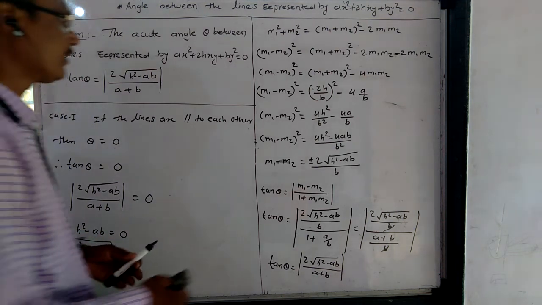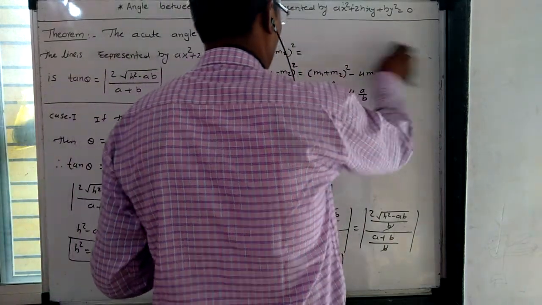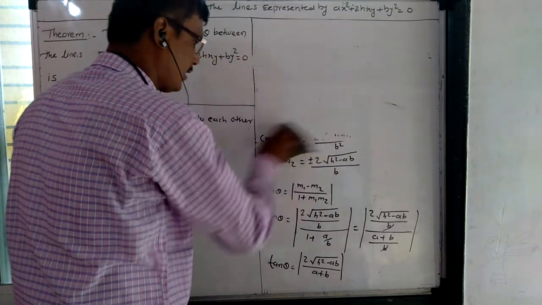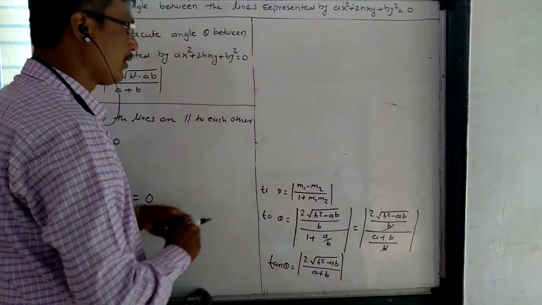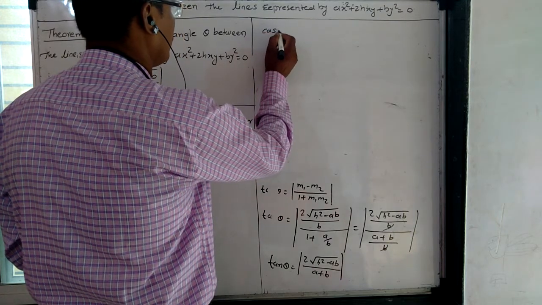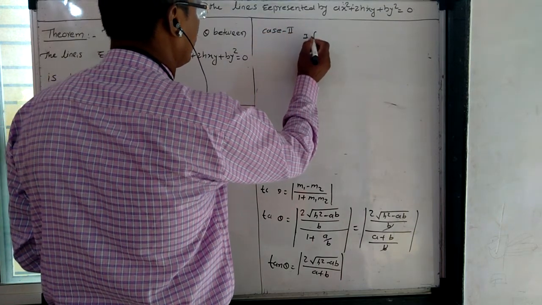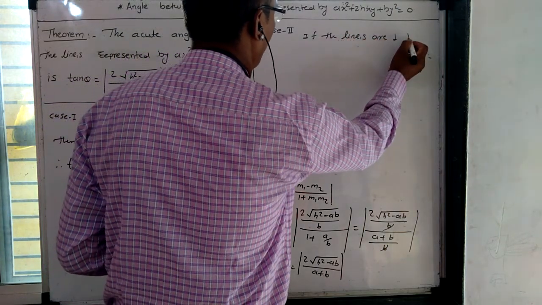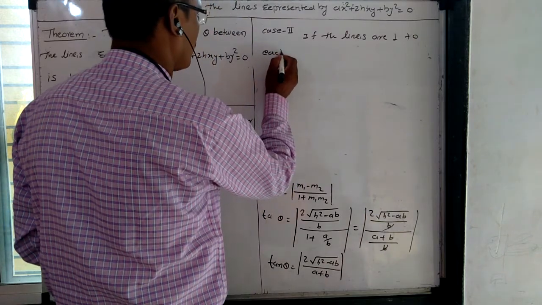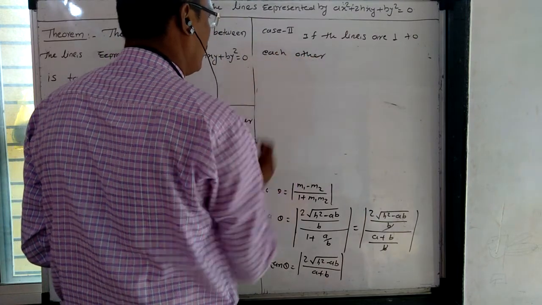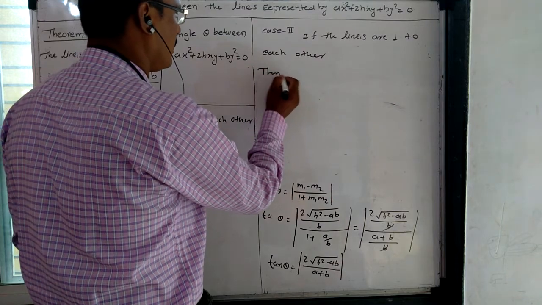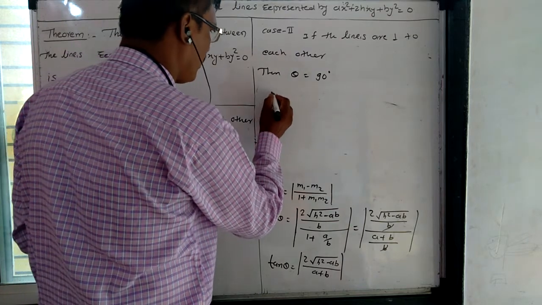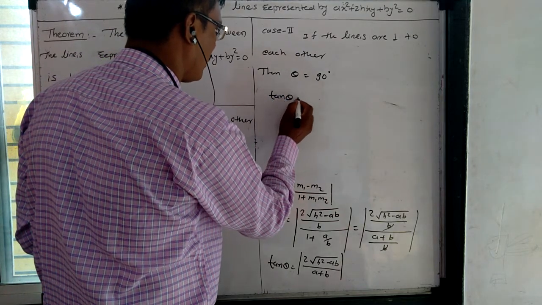Now the second case is, if the lines are perpendicular to each other. Okay. So case second, if the lines are perpendicular to each other, then theta is equal to 90 degree and tan of theta must be infinity.